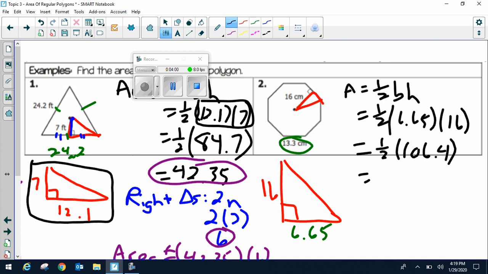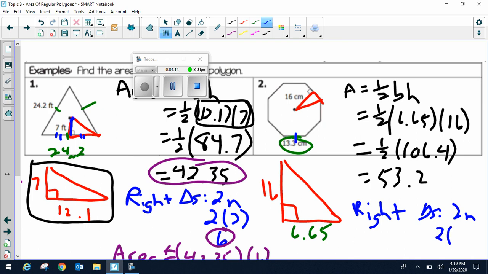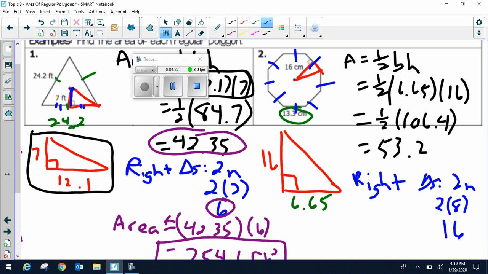You get 53.2. That's this one triangle. But remember, we have to figure out how many right triangles we have. And to do that, we do 2 times the number of sides in the figure. In this figure, there are 1, 2, 3, 4, 5, 6, 7, 8 sides. So that means that I have 16 right triangles.